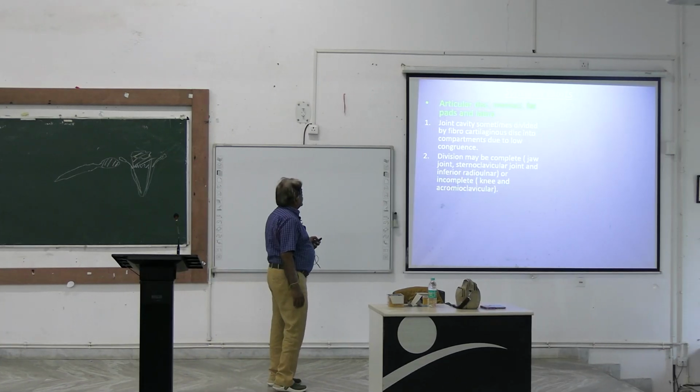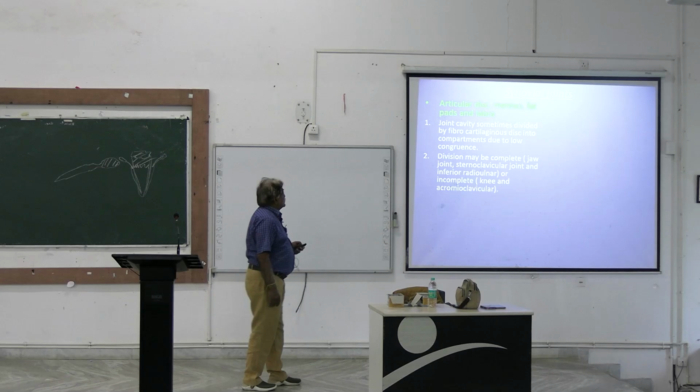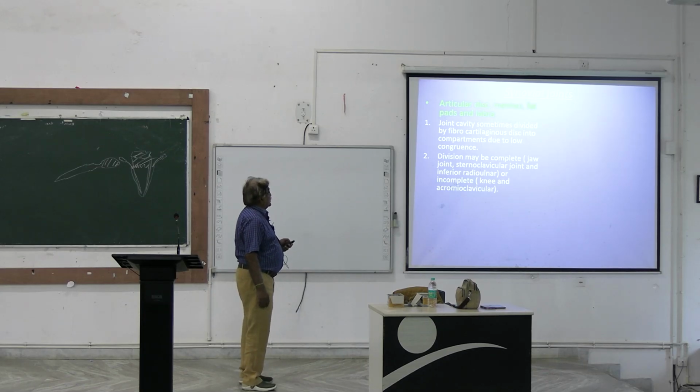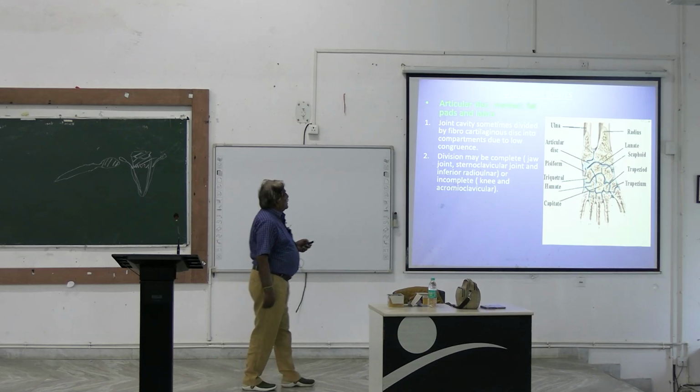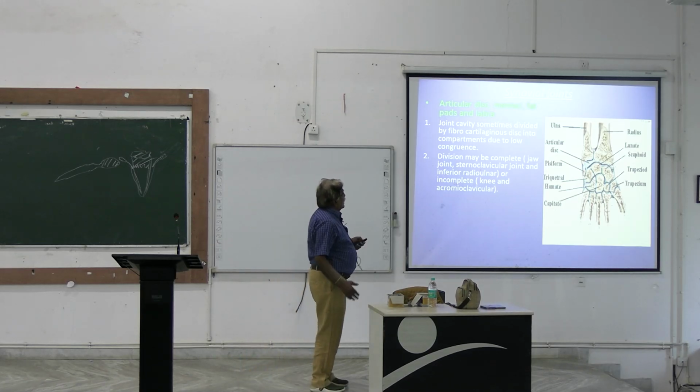Division may be complete, as in the jaw joint, sternoclavicular joint and inferior radioulnar joint, or incomplete, as in the knee and acromioclavicular joint. This is the upper limb, the articular disc. Now, lunate, scaphoid, these bones are there, and hamate, capitate.